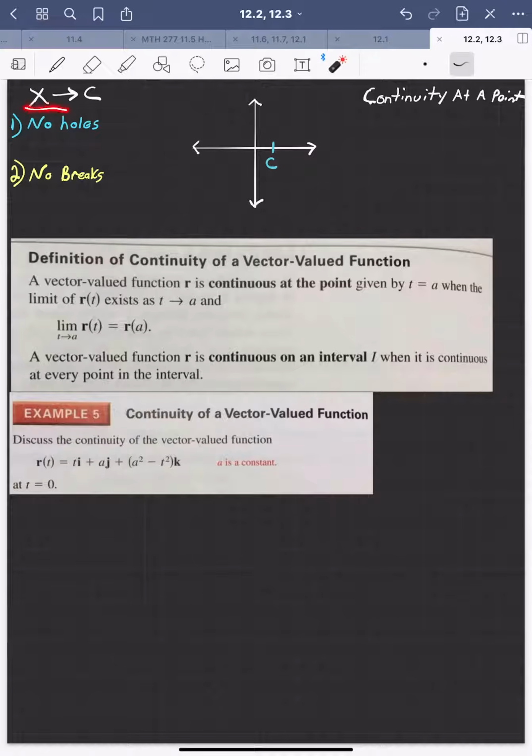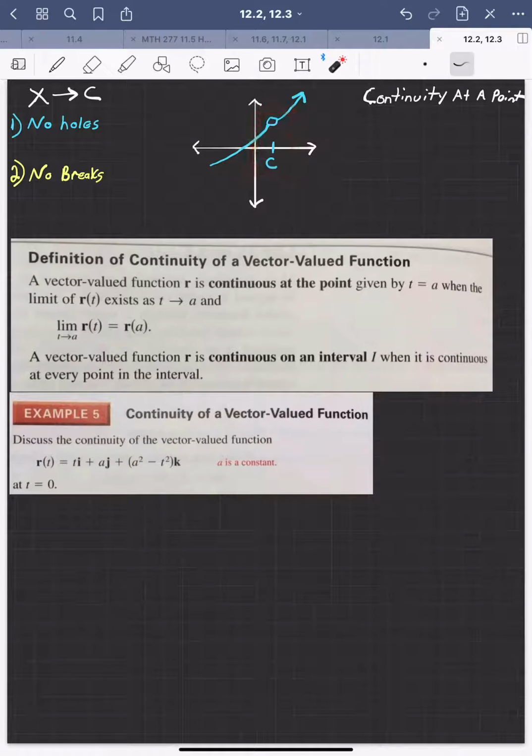And the idea is x is approaching c. So let's start with a hole. If I have a hole in the graph at c, well, that's problematic in terms of continuity, right? We would say that there's a discontinuity at a point, that point being c.